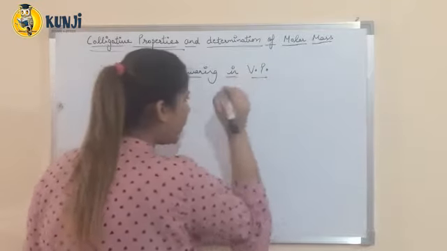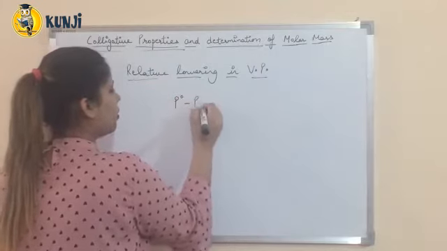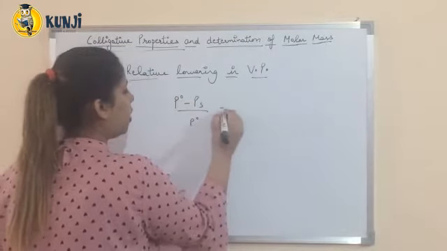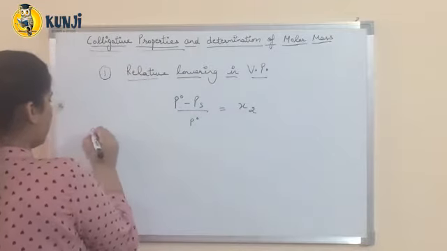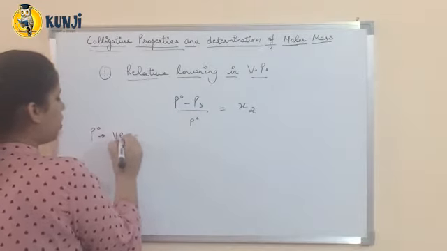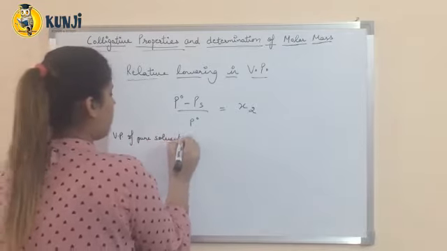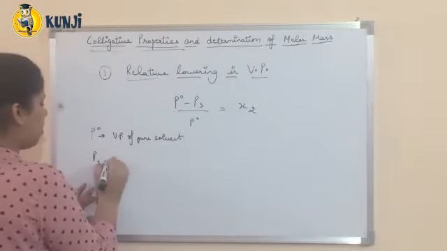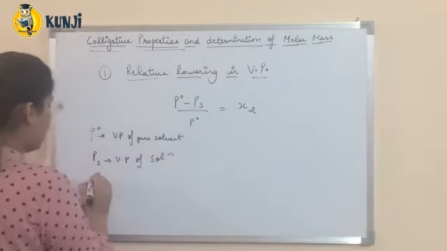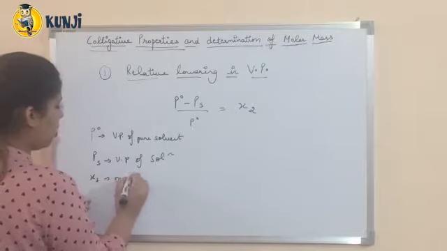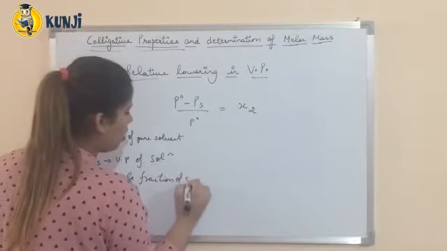We have already done it in Raoult's law, in which we have proved that P0 minus Ps over P0 is equal to X2, where P0 is the vapor pressure of pure solvent, Ps is the vapor pressure of solution, and X2 is the mole fraction of solute.